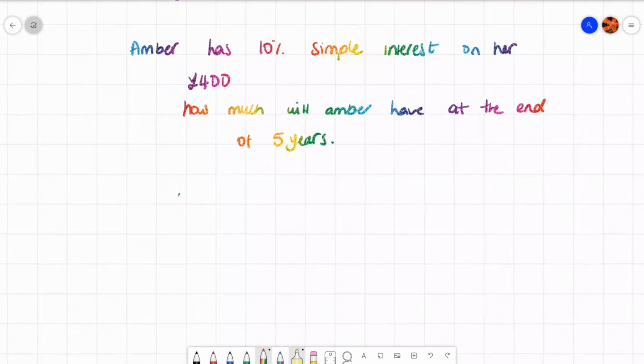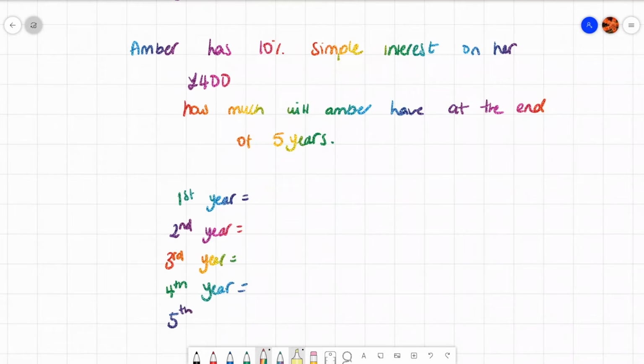Okay, so we're going to write first year, second year, third year, fourth year, and fifth year. First of all, we get 10% simple interest. So how do I work out 10% of something? I times by 0.1, don't I?